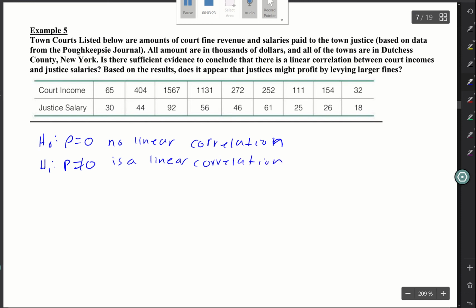They wanted to know if there is a linear correlation, so that's where my claim is. I didn't put it, but I'm going to use alpha of 0.05 for this one. It has to be either 0.05 or 0.01.